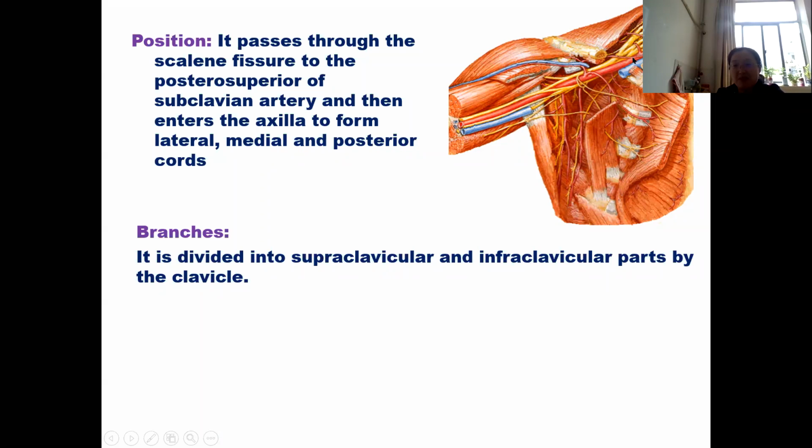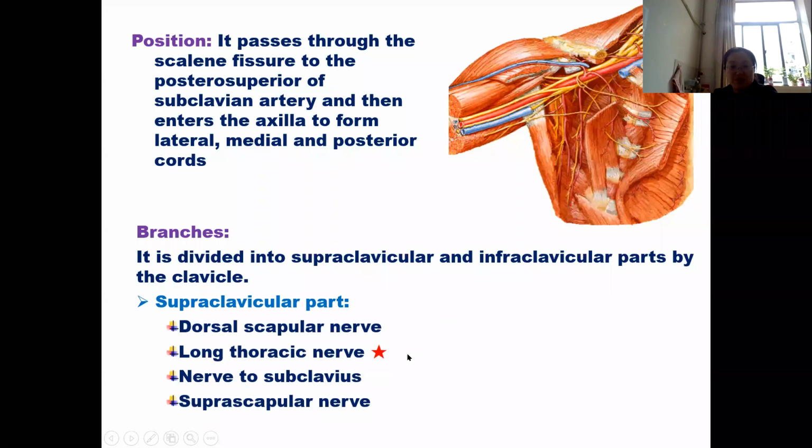The infrascapular branches are quite large. This is the clavicle bone. From here, just the roots of the supraclavicular part give one branch. Follow my mouse.